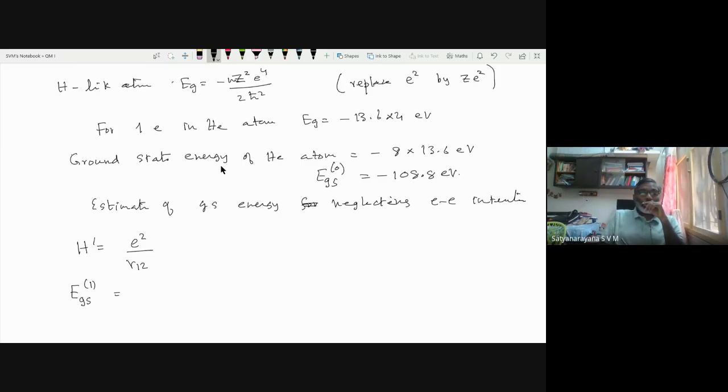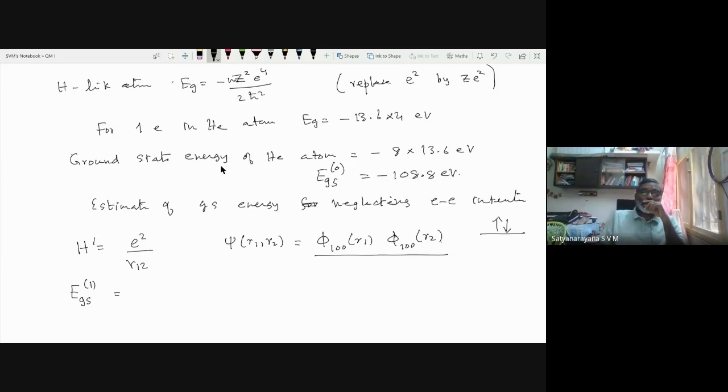Now, how will you calculate this? First you have to know the unperturbed wave function. Both electrons are in the 1s state. So psi of R1 comma R2 is equal to phi 100 of R1 into phi 100 of R2, because in the 1s level they have spins up and down, and hence their spatial wave function can be written as a product of this form.